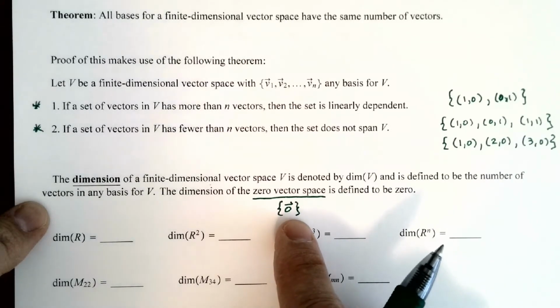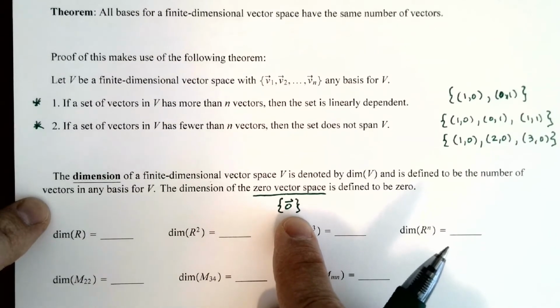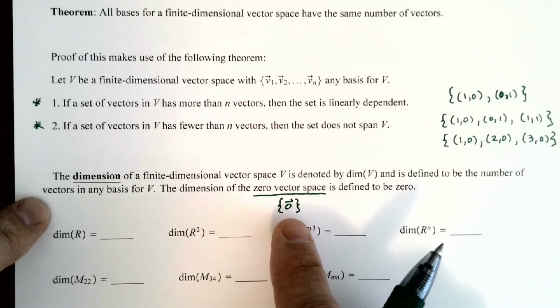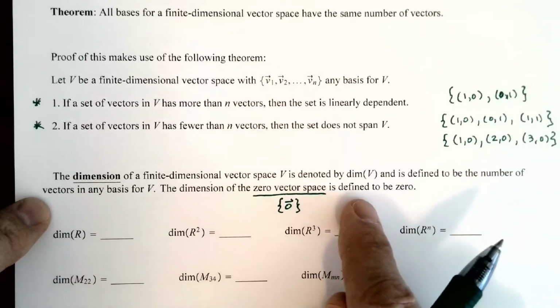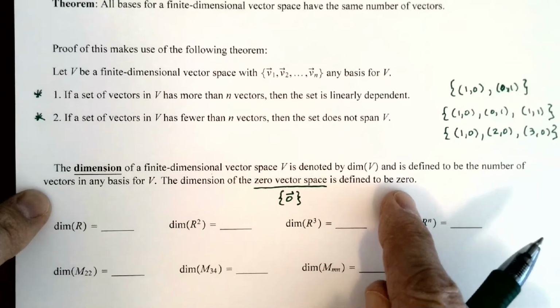In fact, if you have a set with one vector, that set is linearly independent if and only if the vector is non-zero. Therefore, if it's the zero vector, it's linearly dependent. And a basis has to be what? Linearly independent. So I can't put the zero vector in there. So again, the empty set is the basis for the zero vector space, so its dimension is defined to be 0 because of that.